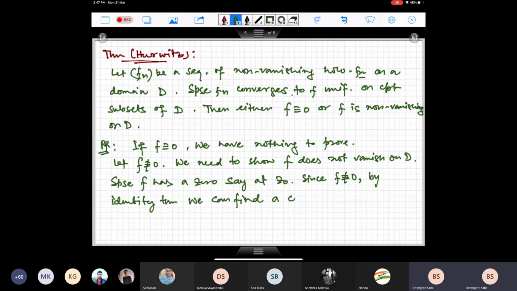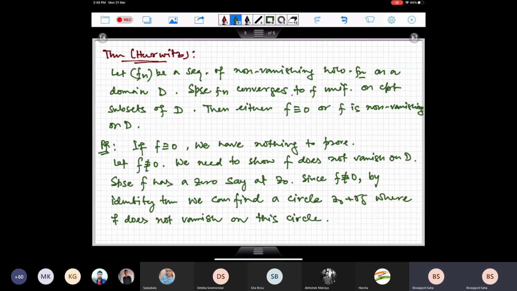We can find a circle z naught plus gamma delta where F does not vanish on this circle. Now remember one thing: my function F is not vanishing on this circle, and of course my functions Fn anyway do not vanish.